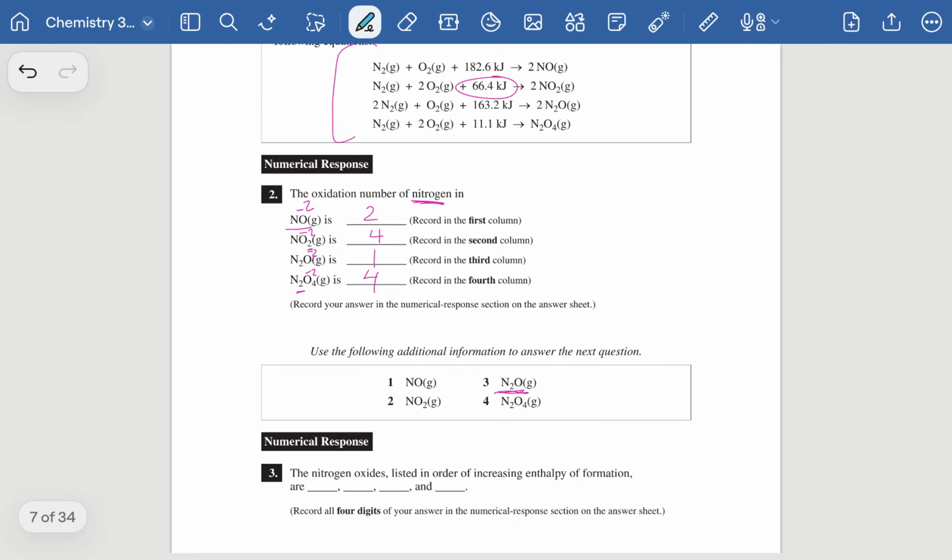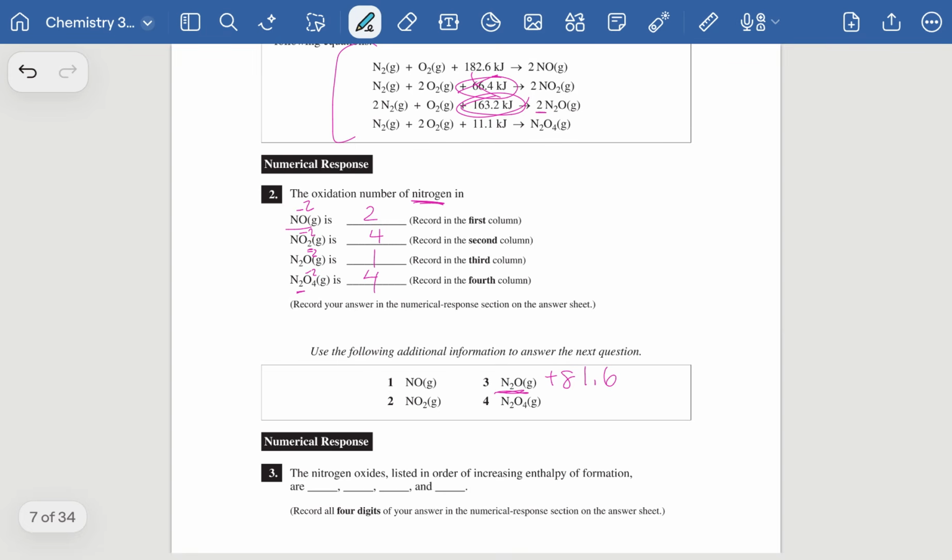But also recognizing that this formation is for 2 moles forming. So we would want to figure out what that would be for 1 mole. So just take that number and divide it by 2. And then the rest you can get from your data booklet. So we divide that one by 2 and we'll find that this is positive 81.6.